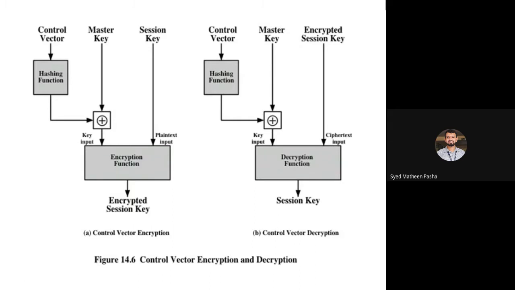This concept is included in your key controlling part, where with the help of controlling different inputs as well as outputs, you are generating a session key. You should remember two different parts, control vector encryption as well as control vector decryption, with the help of which you are generating a session key. This was a simple concept.